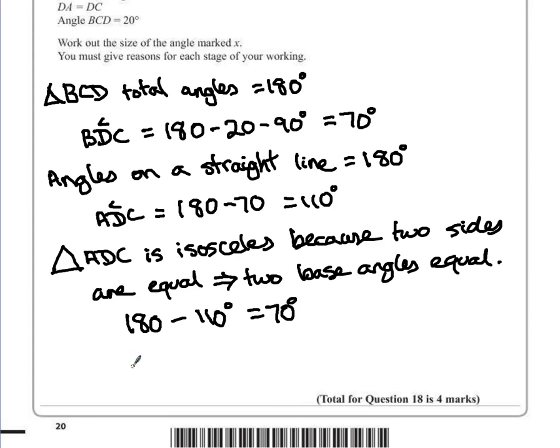And to find out what X is, X is going to be half of that number. So 70 divided by 2, which equals 35 degrees. We've given 3 or 4 solid facts there to back up our calculations and worked out what X is, so that should be enough to give you 4 marks.